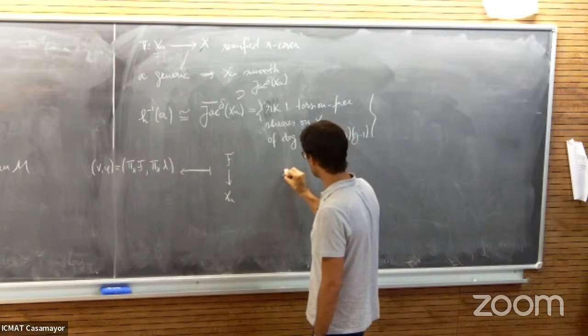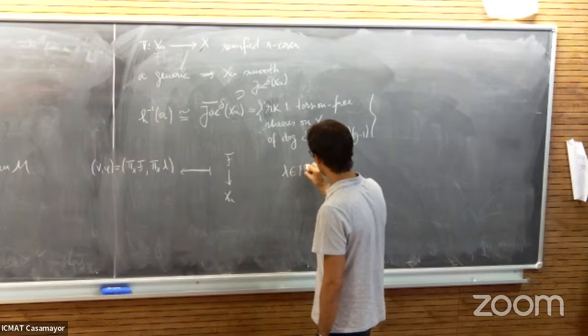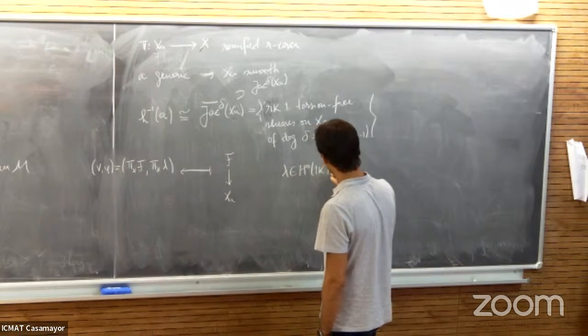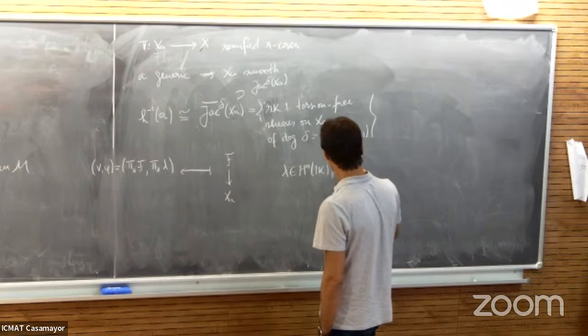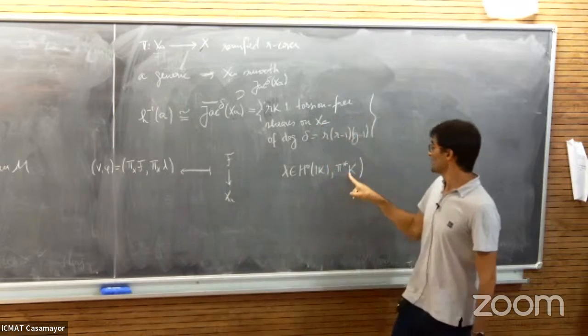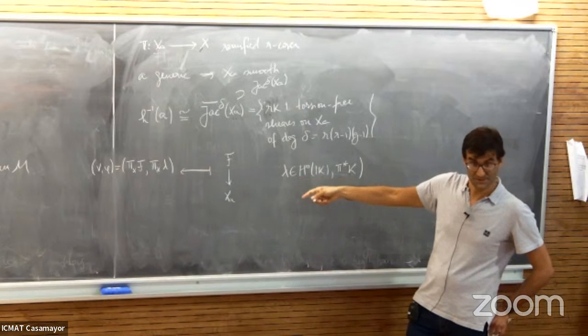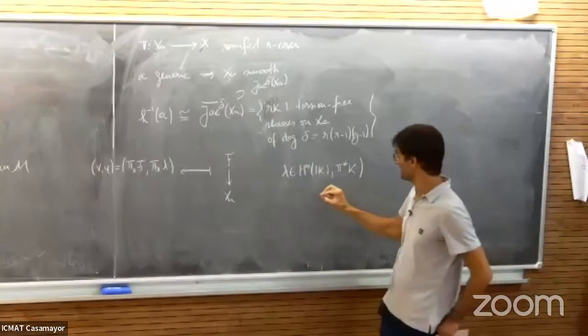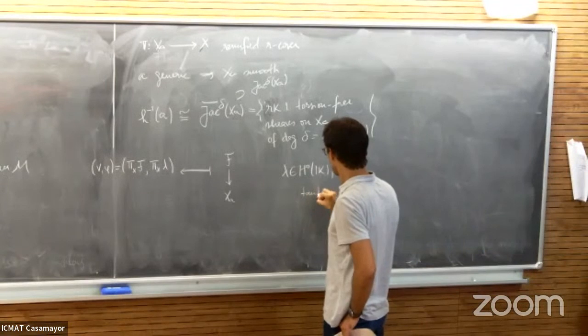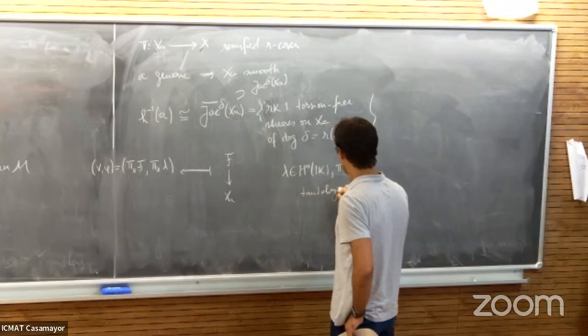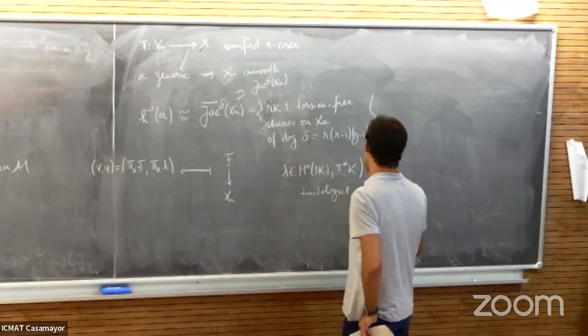So this lambda is a tautological section. If you pull back the canonical bundle to its total space, then you have a tautological section.